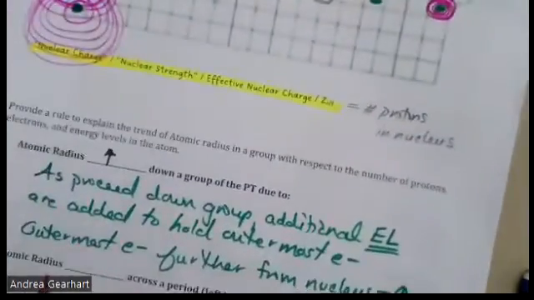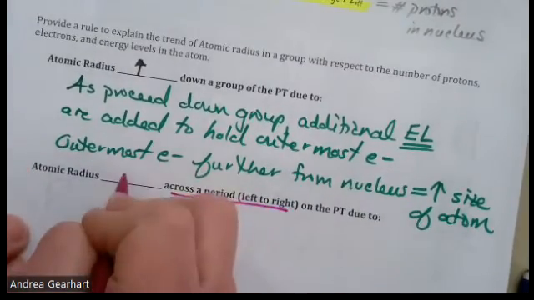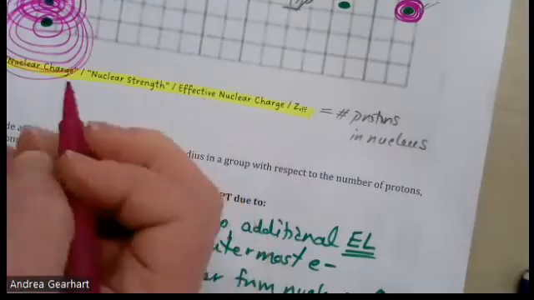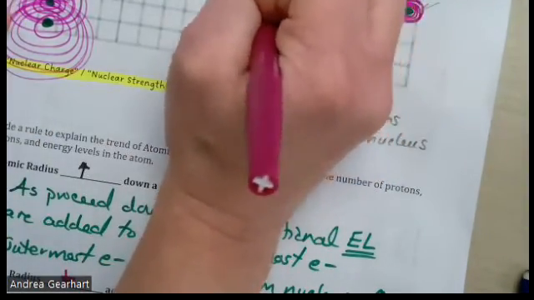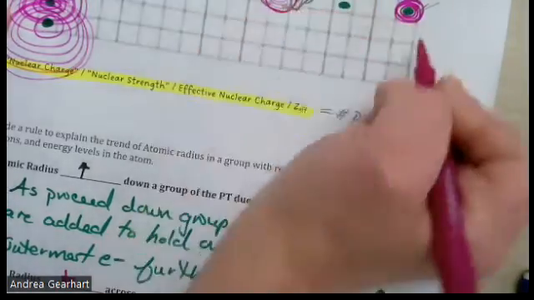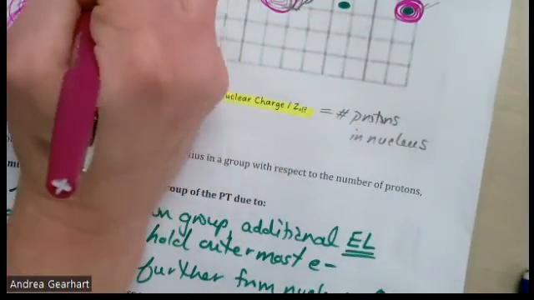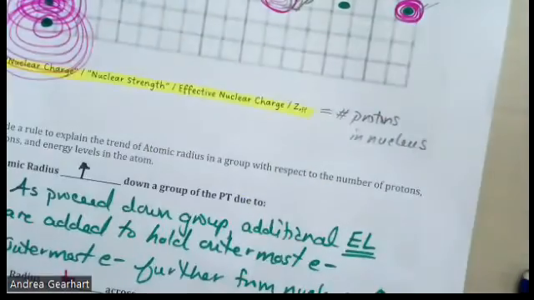So as we proceed across the period from left to right, we actually get smaller. So we're getting smaller.